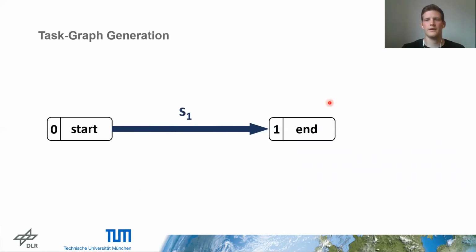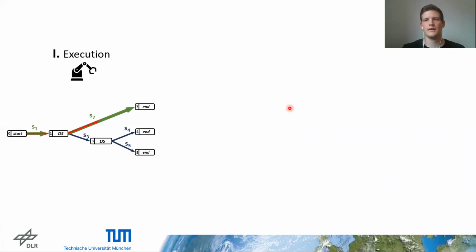The probabilistic encoding of our skill is then used to generate a task model, a task graph in our case, which in the beginning is pretty simple and simply consists of the first initial skill. This initial skill is then used for monitored execution of our task.